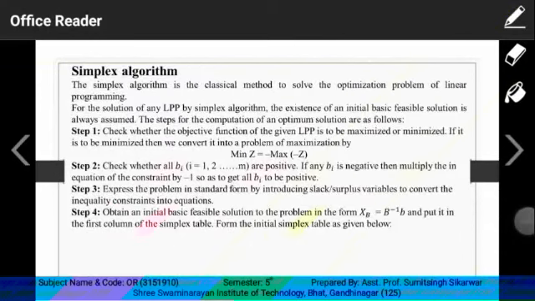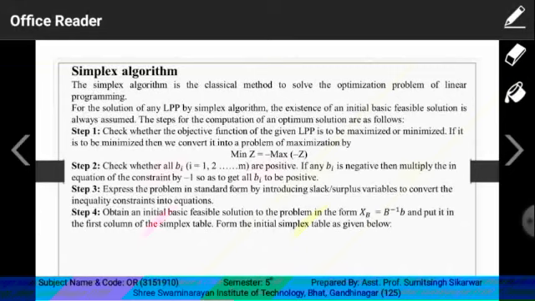This simplex algorithm is a classical method to solve the optimization problem of a linear programming. For the solution of any LPP by simplex algorithm, there must exist an initial basic feasible solution which is always assumed.